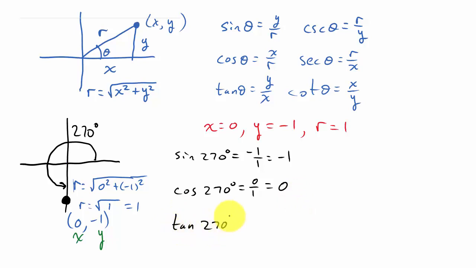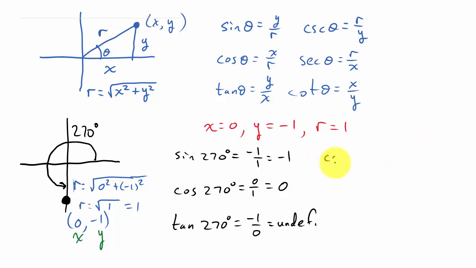Tangent of 270, well, what's tangent? Y over x, -1 over 0. There you go. We've got 0 in the denominator, and that is undefined. You can't have 0 in the denominator of a fraction.